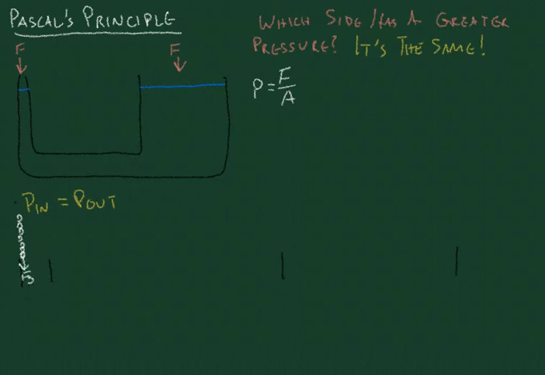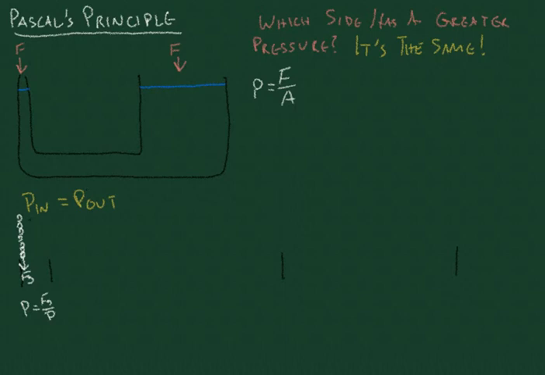But the pressure due to that column is just going to be Fg divided by basically the diameter of these little air molecules. Again, this is a simplified picture, but I think this will help you understand why the pressure is going to be the same on both sides.